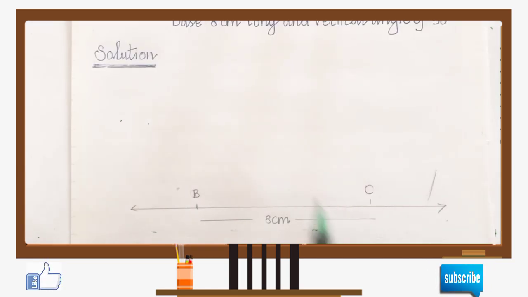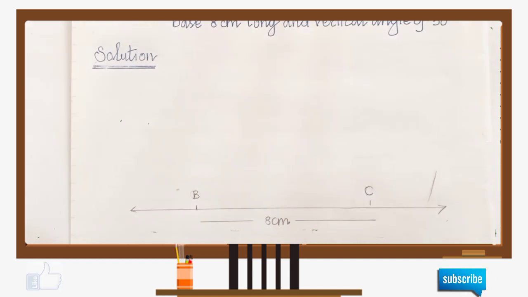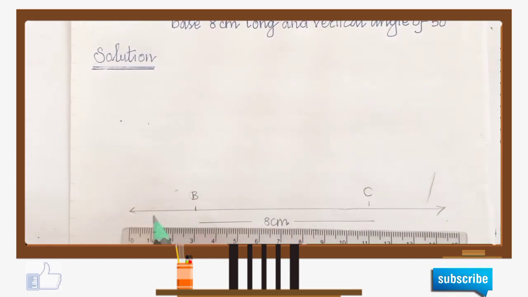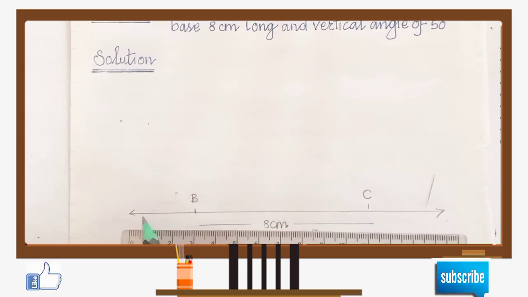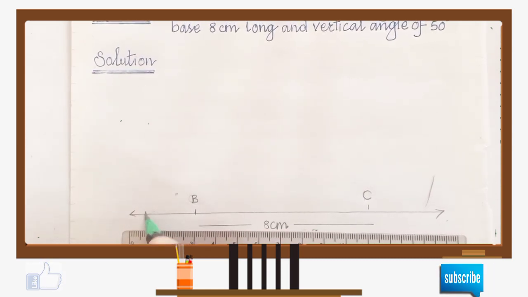Now we have taken BC equal to 8 cm. We have already extended this line. Beyond this B, you take a point here.